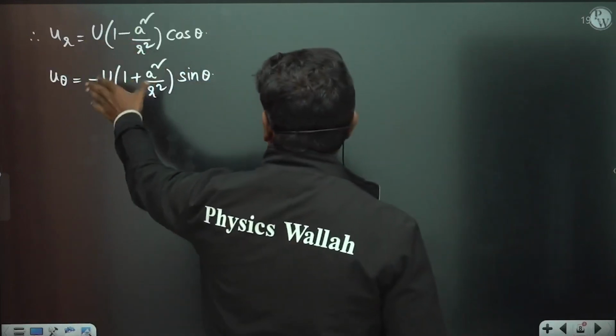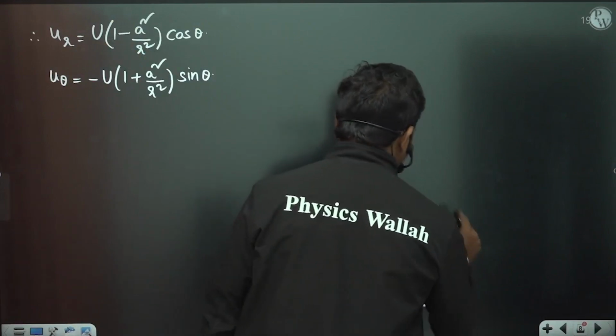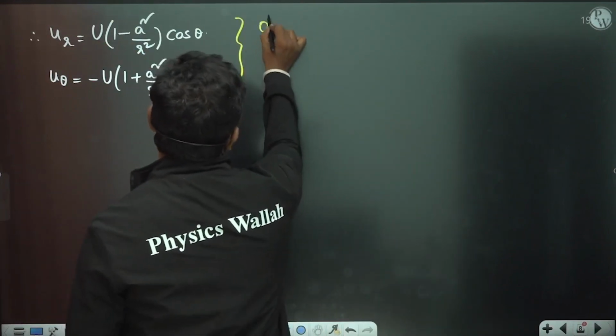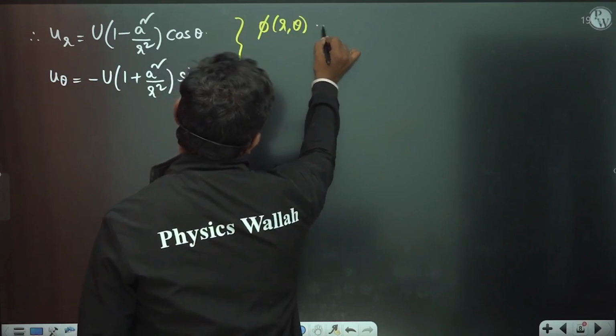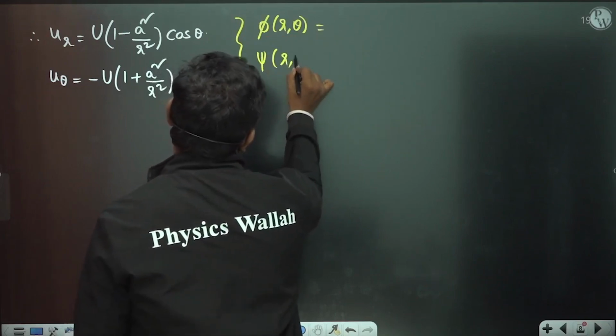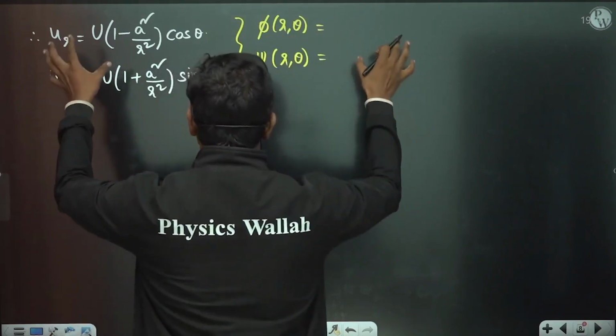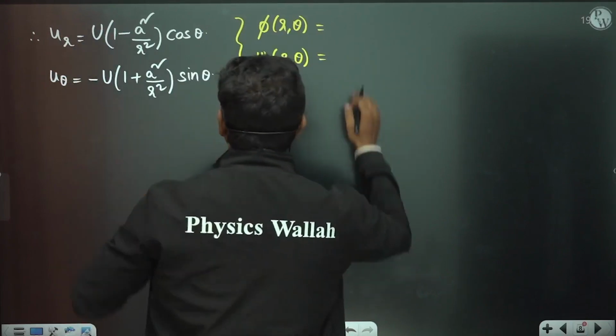These are the radial and theta component velocities, and if you take the velocity potential function and the stream function, let us summarize this. Our main point of interest is these four things: u r, u theta, phi and psi.